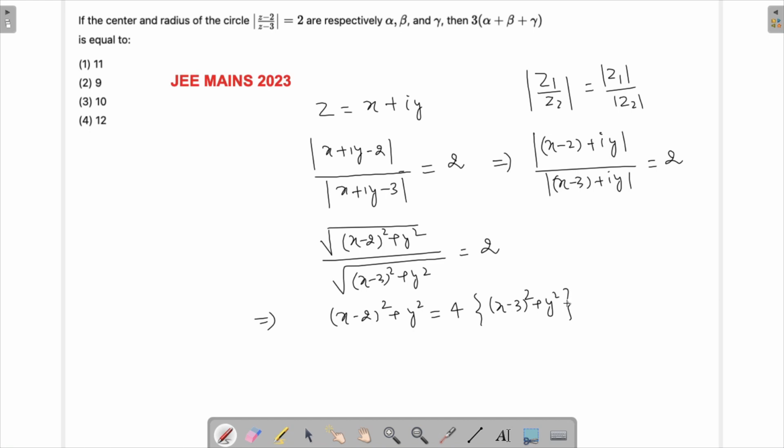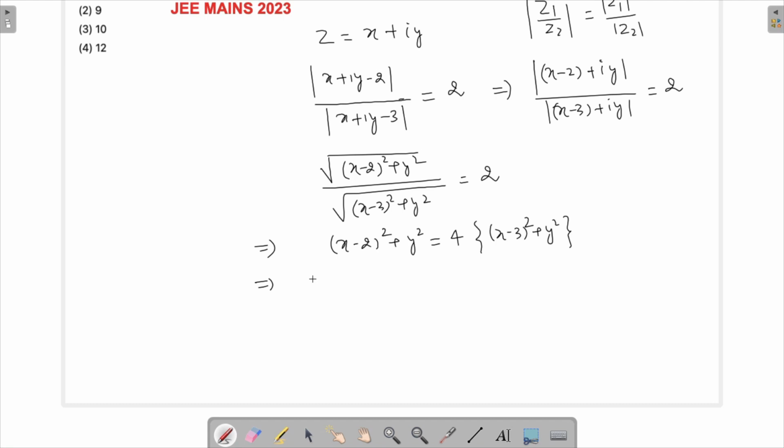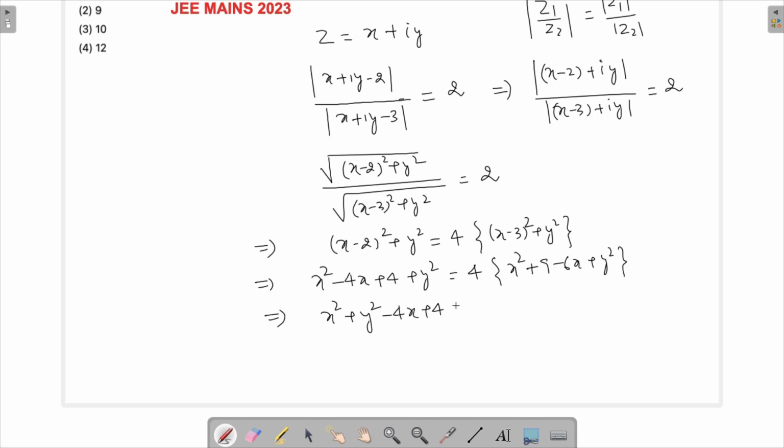Now we will try to expand this and see whatever is getting cancelled. So x square minus 4x plus 4 plus y square would be equal to 4 times x square plus 9 minus 6x plus y square. So we can write this as x square plus y square minus 4x plus 4, and here this will be 4x square plus 4y square minus 24x plus 36.